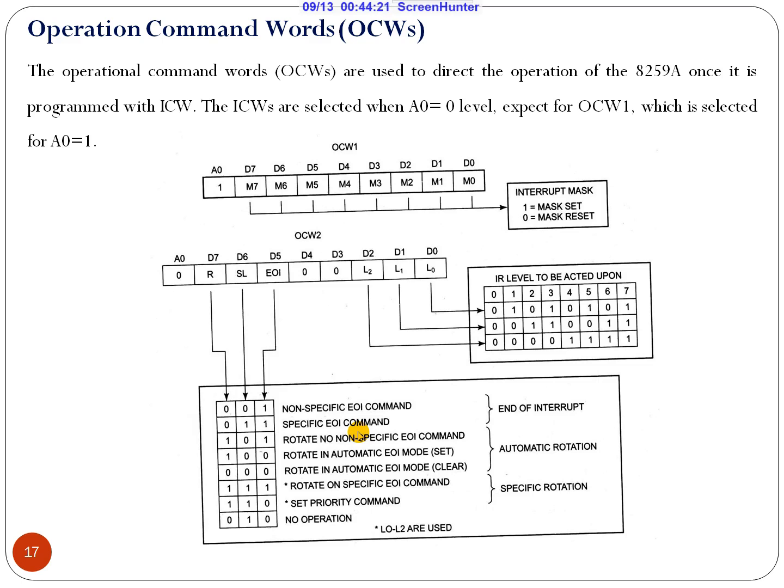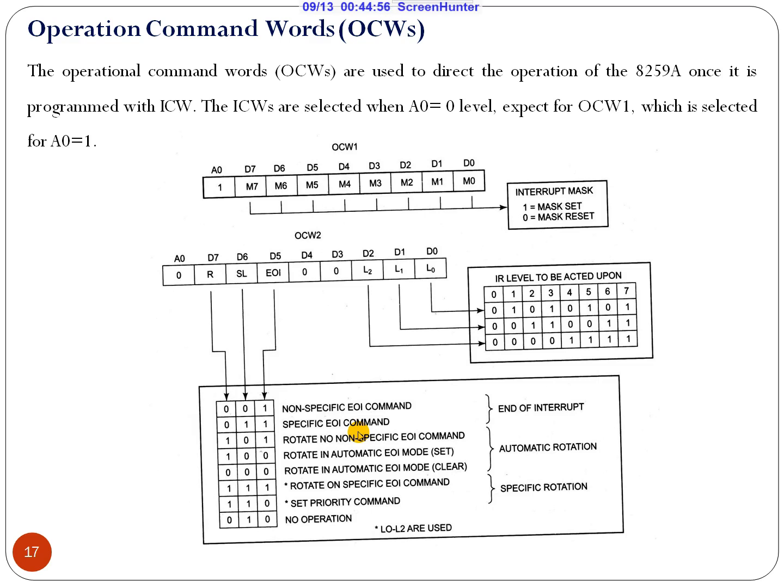Rotated non-specific end of interrupt command means it will work similar to the non-specific end of interrupt command, but the priority order will be rotated, that is, it is going to be reversed after the first processing of the highest or higher priority task or instruction.